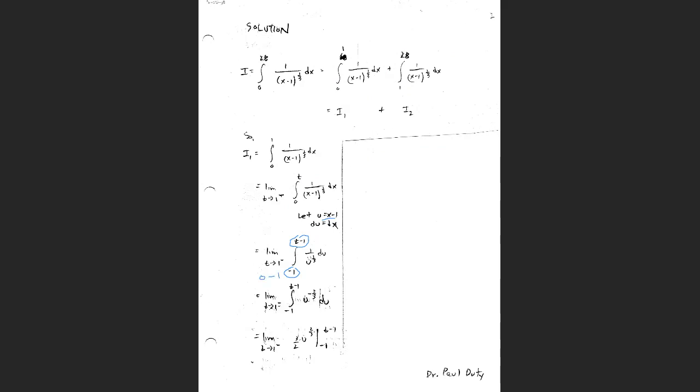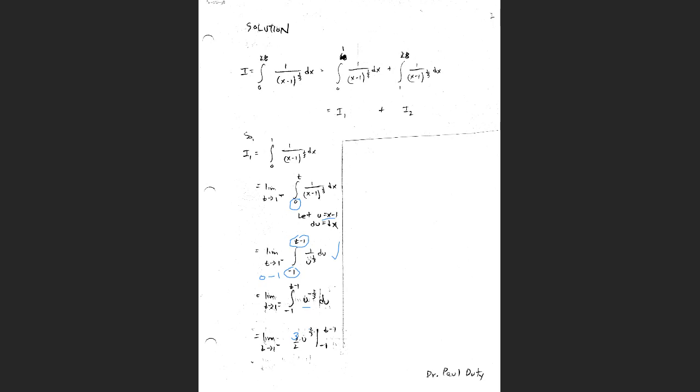And the bottom limit was 0. So you go from an integral with respect to x to an integral with respect to u. All right, and then the antiderivative of u to the negative third is 3/2 times u to the positive 2/3.